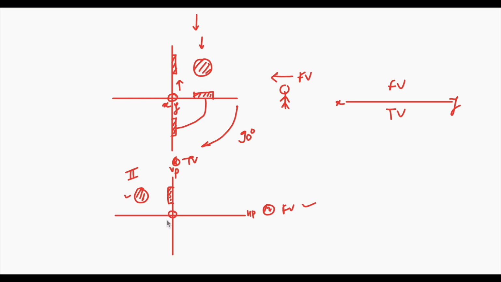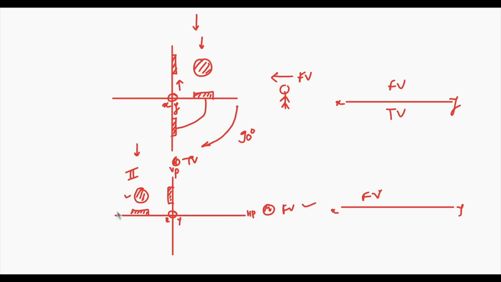This is the XY line. So again, when it is in the second quadrant, the front view is going to appear above the XY line. When you look at the object to draw its top view, it will appear on this horizontal plane, which is below the object.